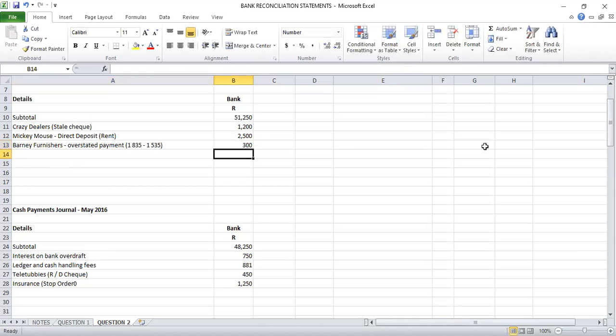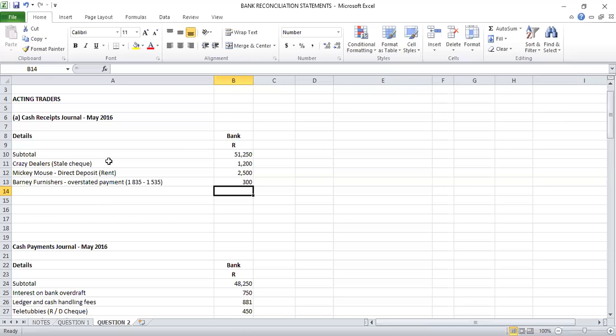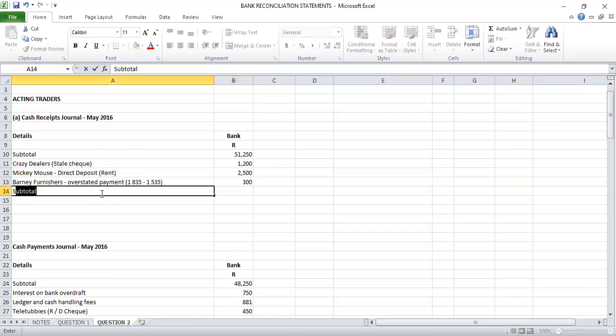Right. So these are all the transactions. After recording all the transactions, now we balance and total. So here in the cash receipts journal, we'll have our total receipts.